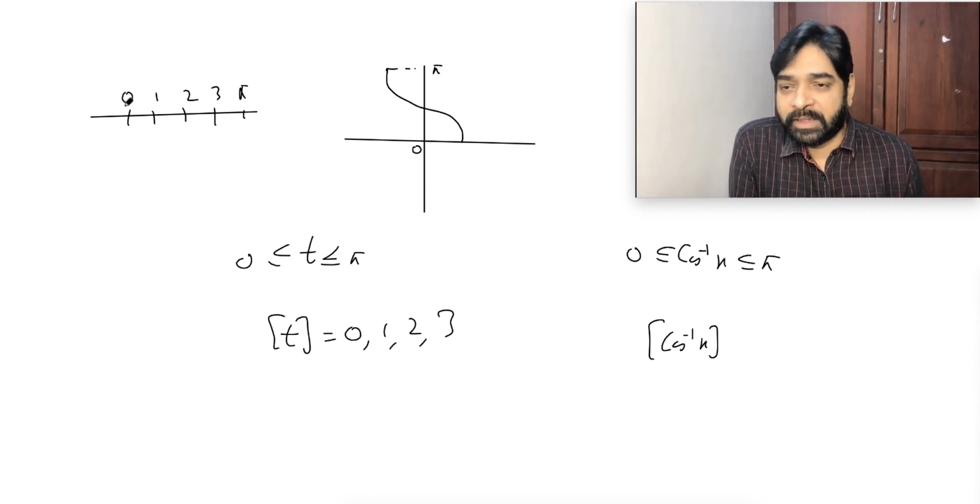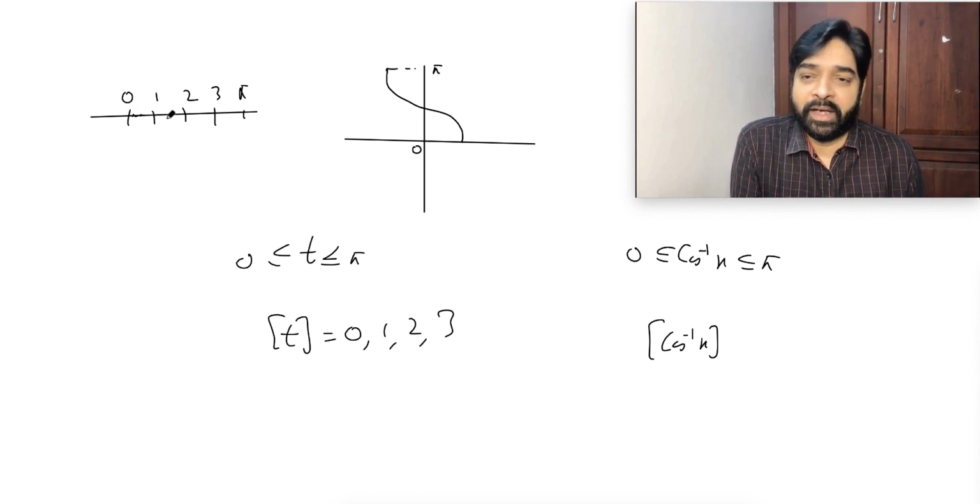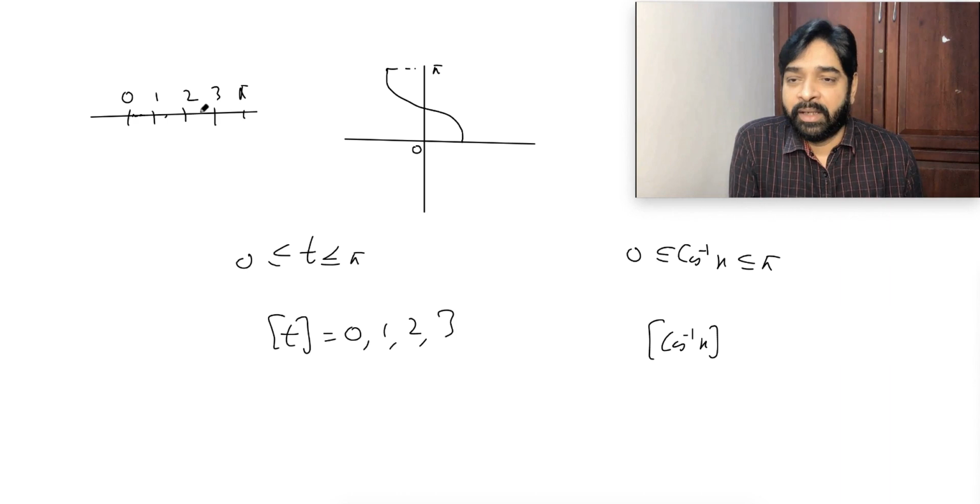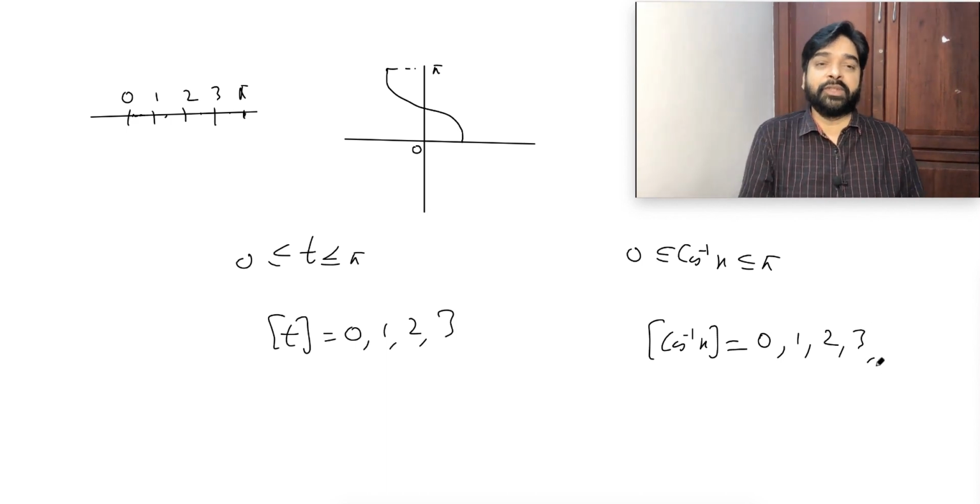If t is here, greatest integer t is 0; here, 1; here, 2; here, 3. So the values will be 4 values: 0, 1, 2, 3. Did you understand?